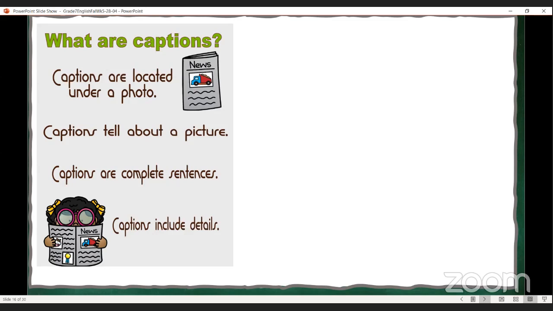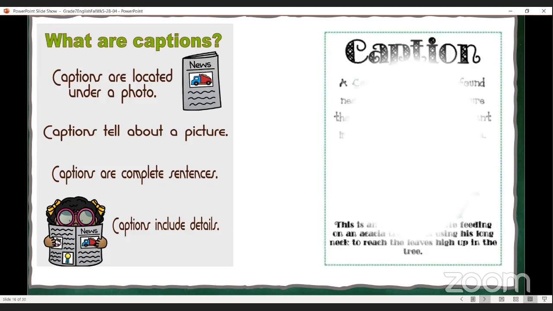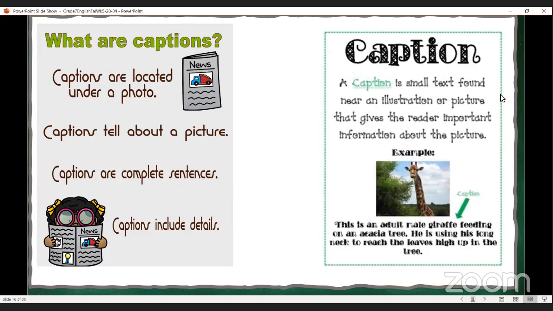Captions go under the photograph, they tell us about the picture, they are complete sentences, and they include details. So there's a little example of a caption. There's your picture of the giraffe, and there's your caption underneath that's talking about the giraffe and what he's doing and where he is. That's very easy to understand. I think you guys will have no problem understanding that.